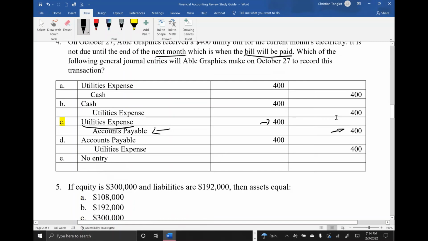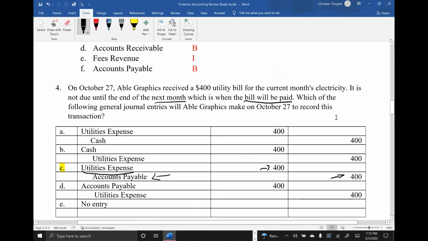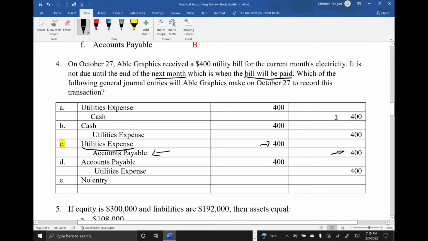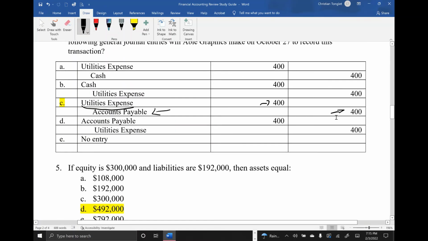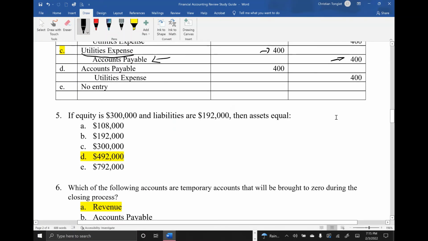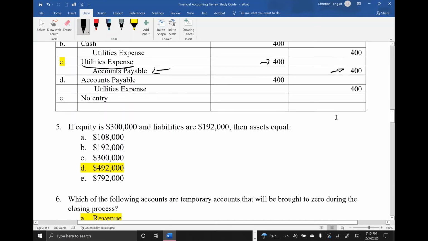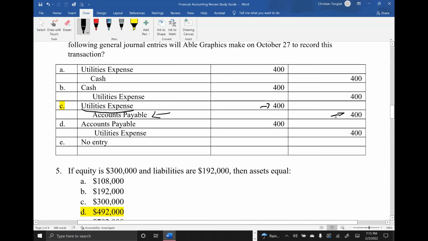If I said, instead of asking what would the entry be on the 27th, what would the entry be when I made the payment, that would be a whole different entry, which isn't here. But if I'm paying out cash, cash is going to be a credit. So it would be a credit to cash.